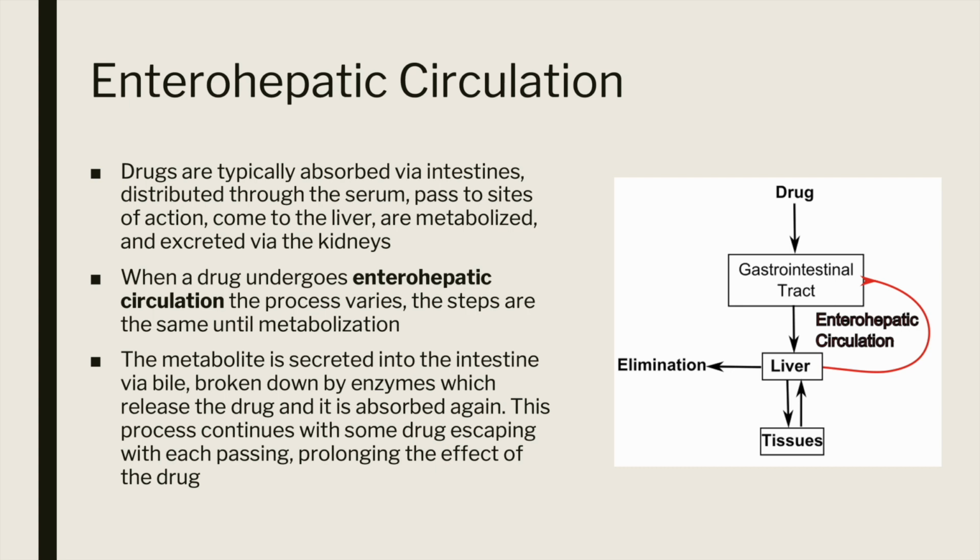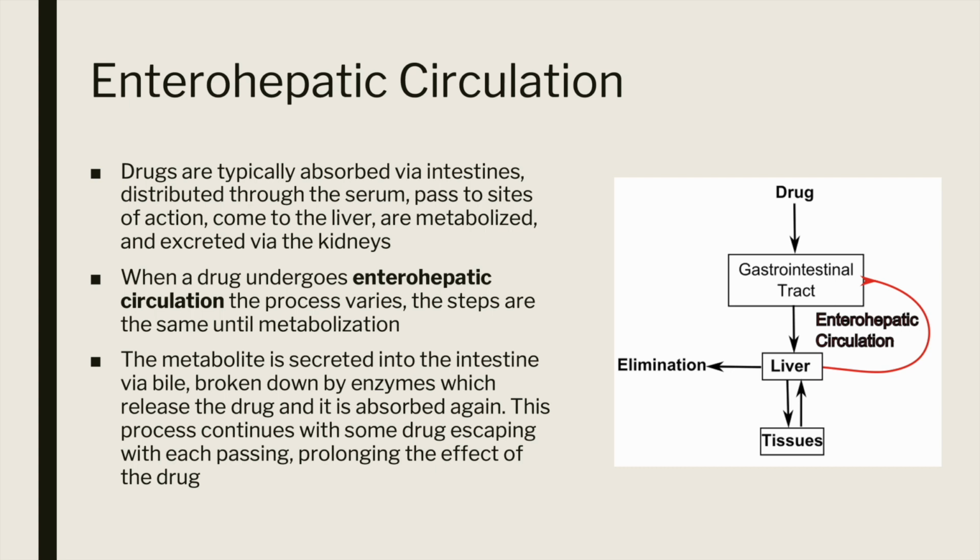They pass to the site of action. Then they go to the liver. The liver is where they're metabolized or broken down, and then they're excreted through the kidneys. So that's just the normal way that things happen, right? They're absorbed in the intestines, they travel around, they do an action, go to the liver, they're broken down, and excreted in the kidneys.